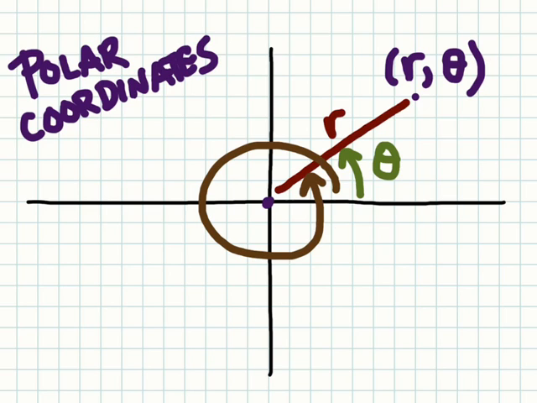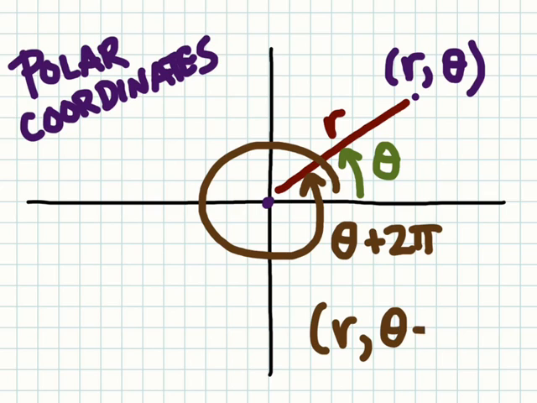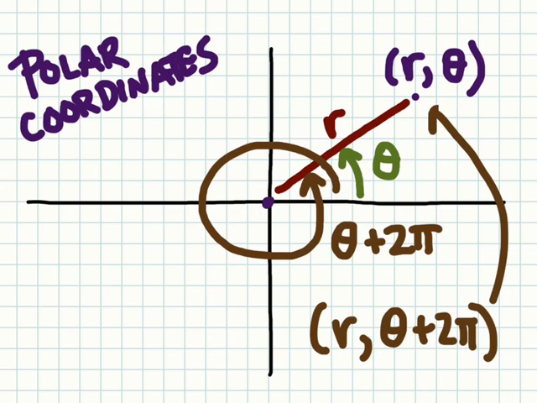So this angle would be whatever theta was before, and we will have added 2 pi to that. That means that this same point could be represented by r comma theta plus 2 pi. This also would serve as an address for that point.